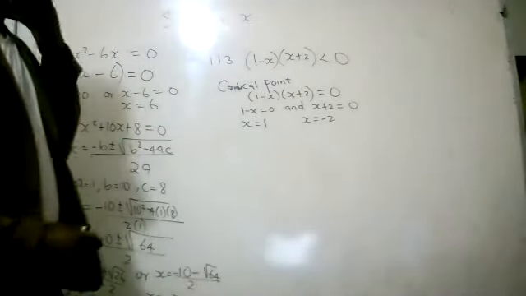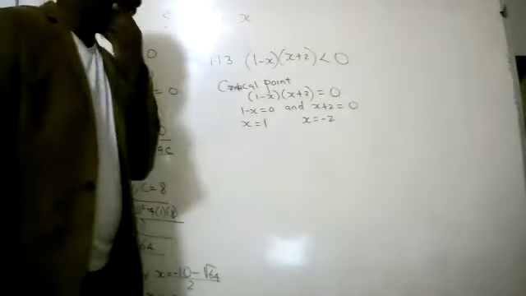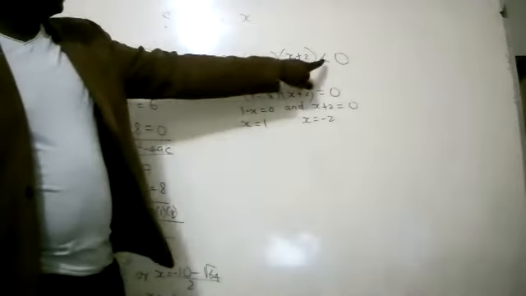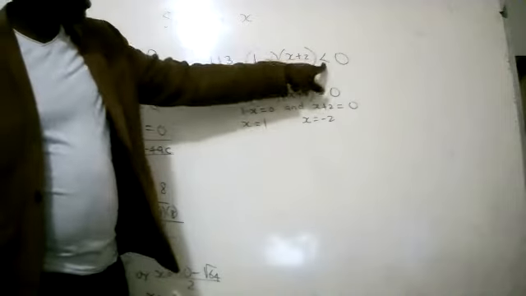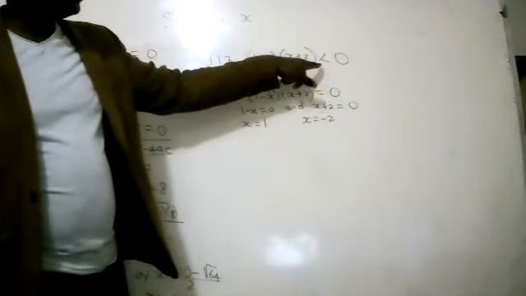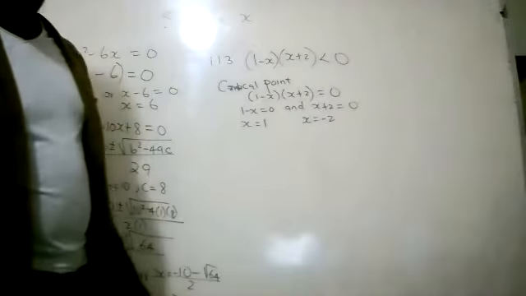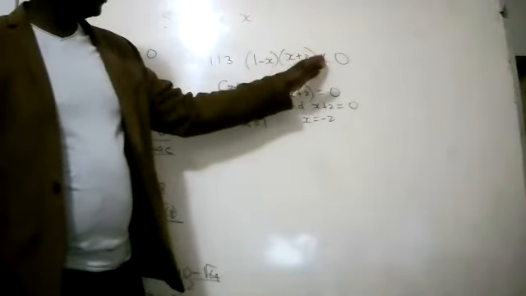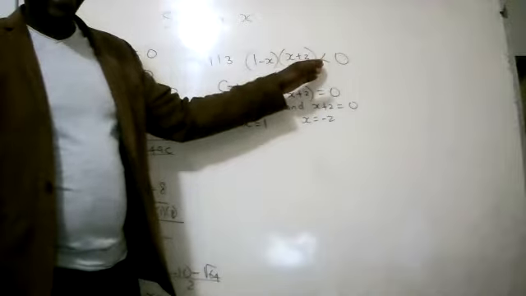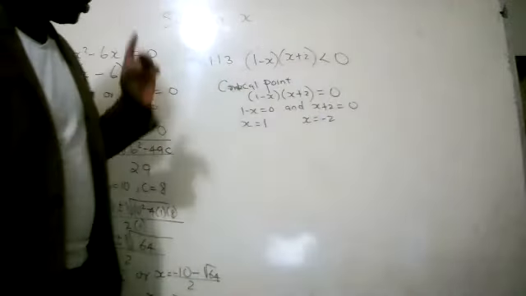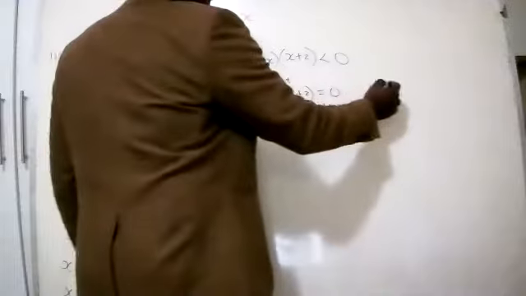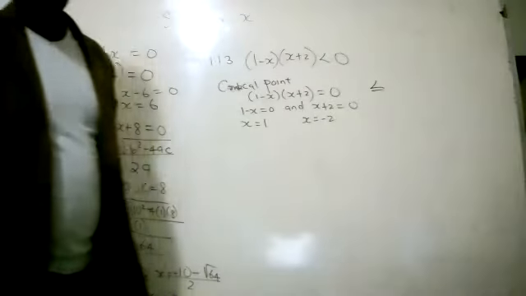Then we have to go back and check the kind of inequality we have here. Is this inequality strictly less than 0, or is it less than or equal to 0? If we check together here, this is strictly less than 0. The one which is not strictly less than 0 is when we have less than or equal to.